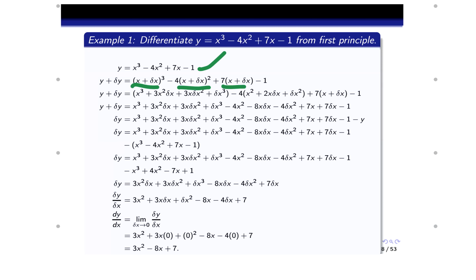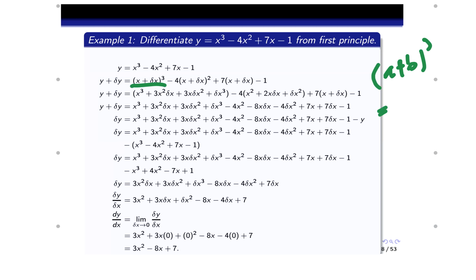As this is happening, this automatically affects y, so you have y plus delta y. Now that that is taken care of, the next thing is to expand all this. Your knowledge of identities is very useful here. You should know that something like a plus b cubed is actually the same thing as, if you know Pascal's triangle.